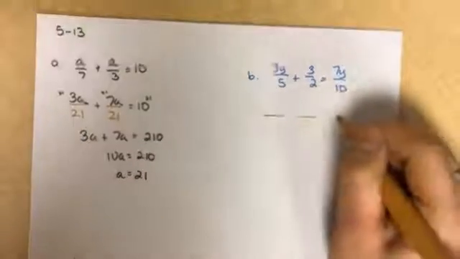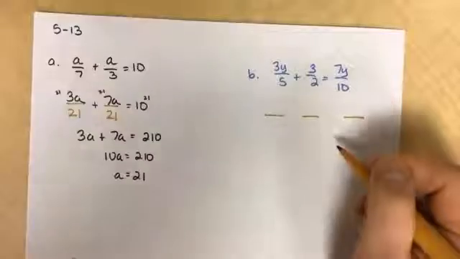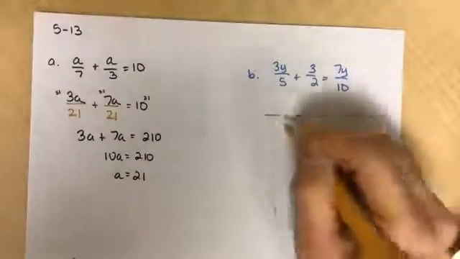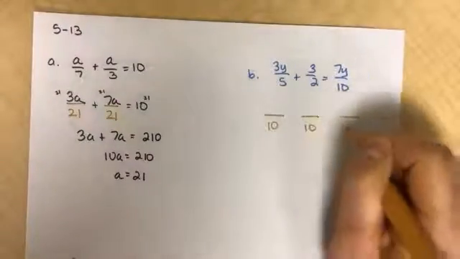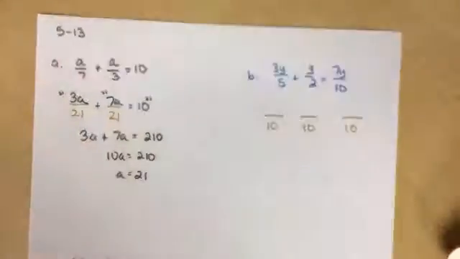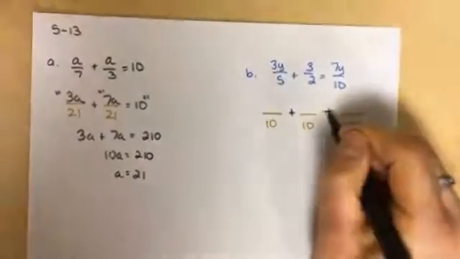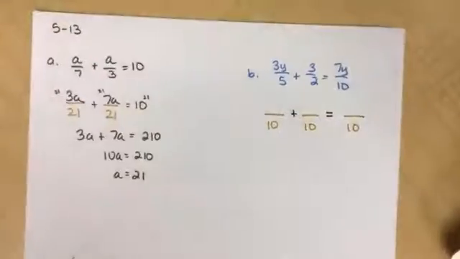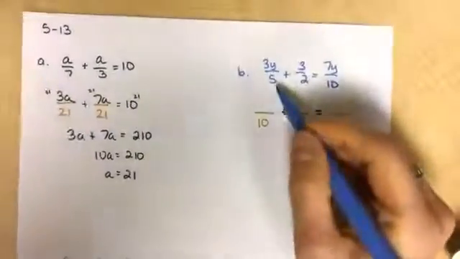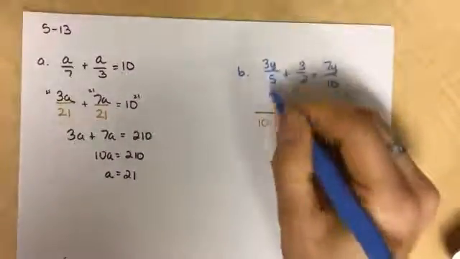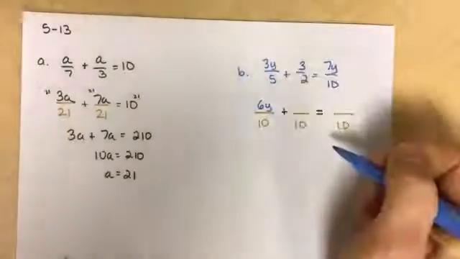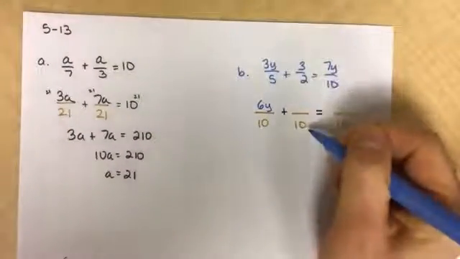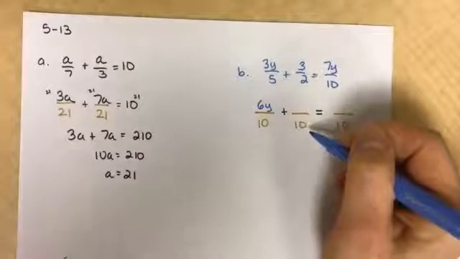Now, this problem has 3 fractions. The common denominator of all 3 is 10. All right, so now scaling 5 to 10, I have to double. So 3y becomes 6y. Scaling 2 to 10, I have to do a times 5.